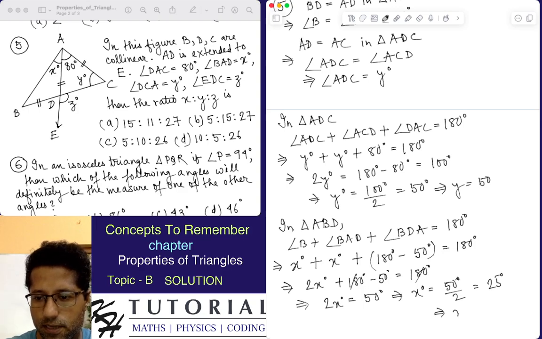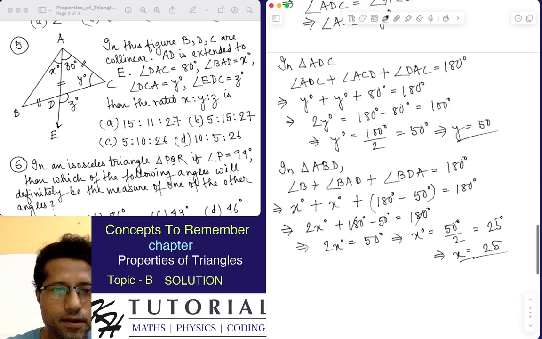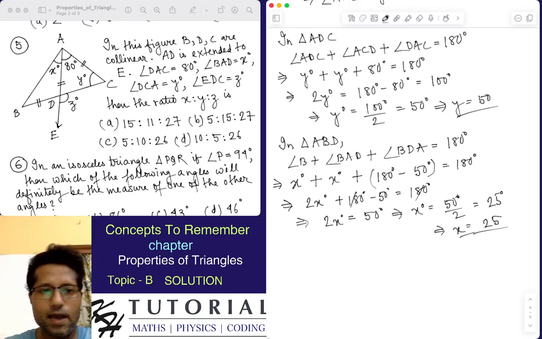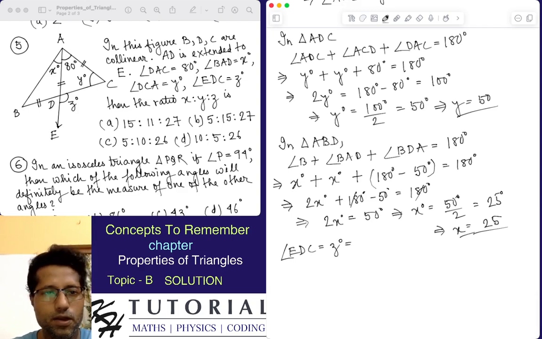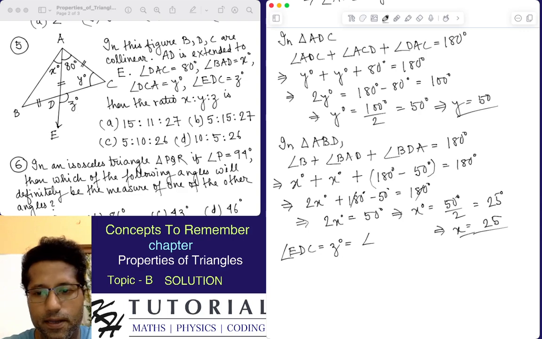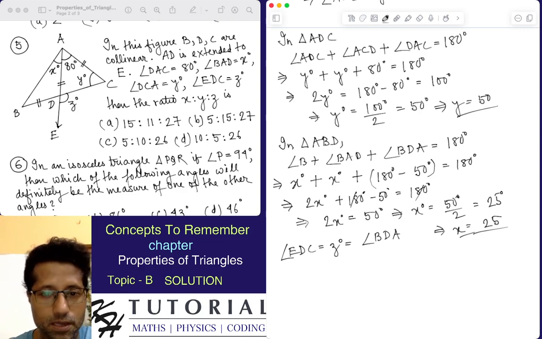So x equals 25. We have found x equals 25, y equals 50, and we have to find z. Now what is z? Angle EDC is equal to z degree, which is equal to the vertically opposite angle BDA. Angle EDC and angle BDA are vertically opposite angles, so they must be equal.